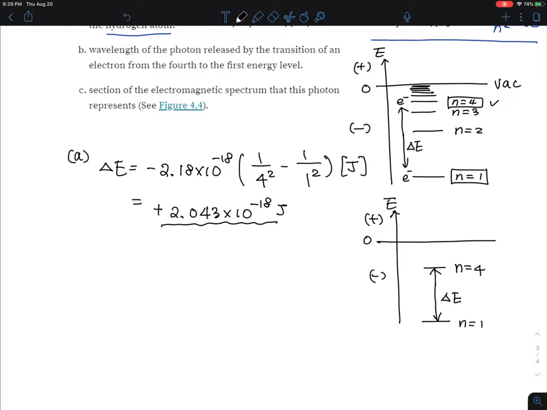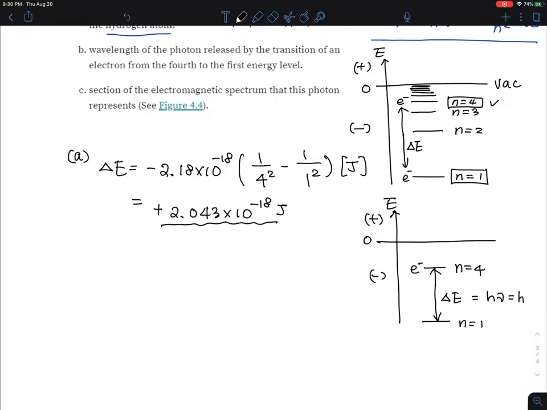This energy level difference is sort of the opposite of the photoelectric effect. The photon can be released in the form of energy, h nu, when the electron with higher energy drops to a lower energy state. So when the higher energy state drops, this energy is released in the form of a photon with energy h nu.